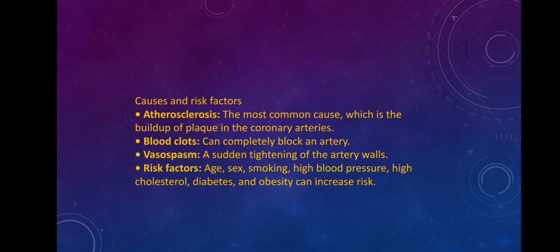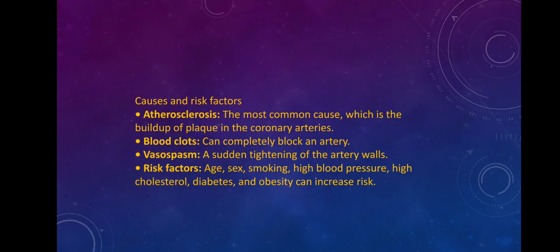Fat particles or blood clots form a plaque in the coronary artery. Then blood clots can completely block the artery. Then vasospasm, a sudden tightening of the artery walls.